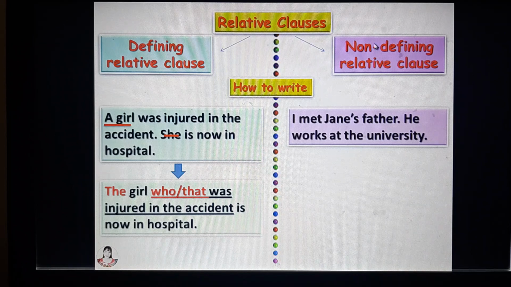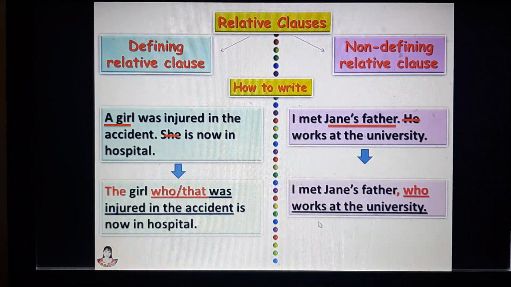Now, how to write a non-defining relative clause? For example, I met Jane's father. He worked at the university. You see, the noun father, Jane, a proper name. The same as he, so I cross out he. Underline Jane's father, cross out he.